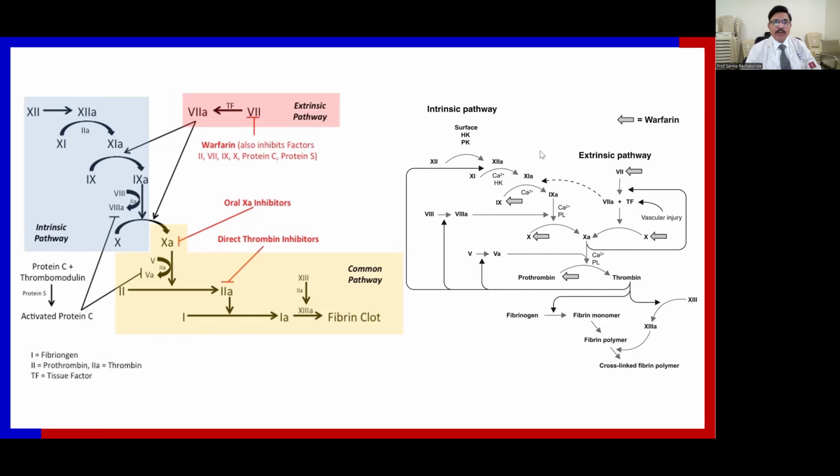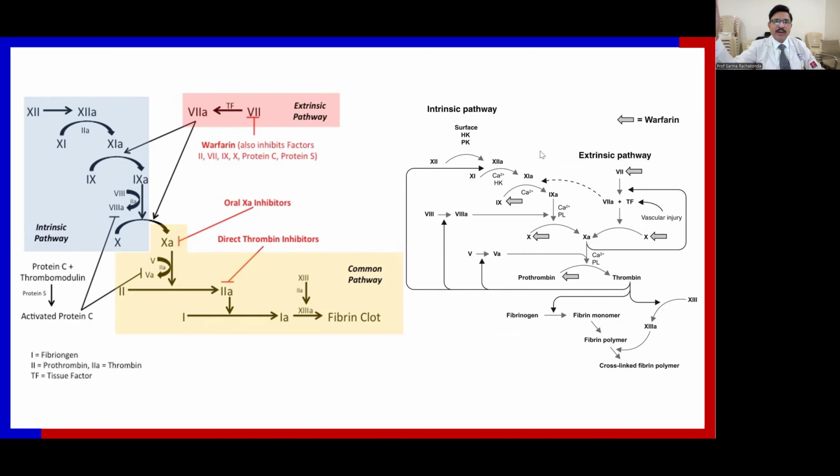What are direct thrombin inhibitors? Dabigatran, and others like that. These are the powerful thrombin inhibitors. Now, what are the drugs we have? We have heparin, which acts on the intrinsic pathway, all the things including up to 10.